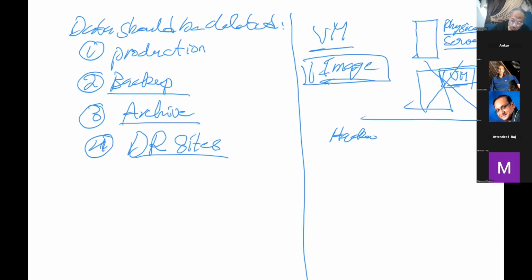Why? Because if I'm able to infect the image which is stored on the object storage, then when it is uploaded into the server, it is infected. But for the physical server, first of all, I must have access to it.